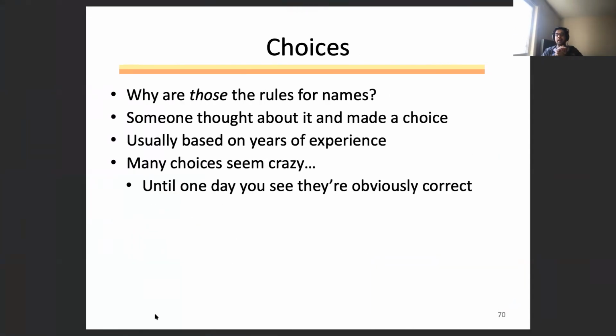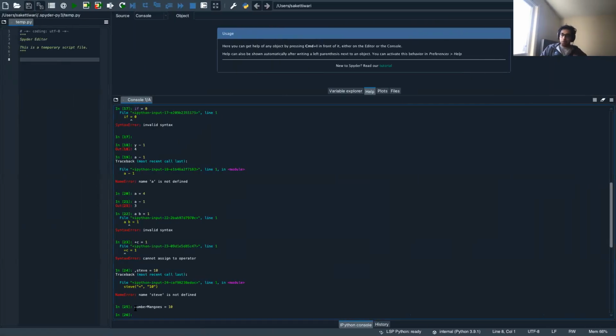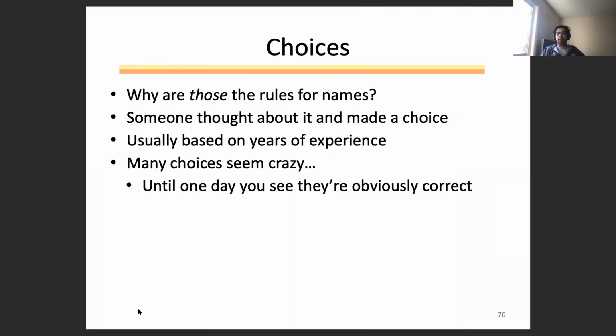brings us to the next slide, which is that we have a lot of choices, right? We have a lot of choices to name things. We have a lot of choices to write up expressions, but why do we have these particular rules for names, right? Why do we want to say use something like small n number and capital M mangoes, right? That's usually based on years of experience. And when you're dealing with, say, a project which has 100 lines, you don't have to be that careful.